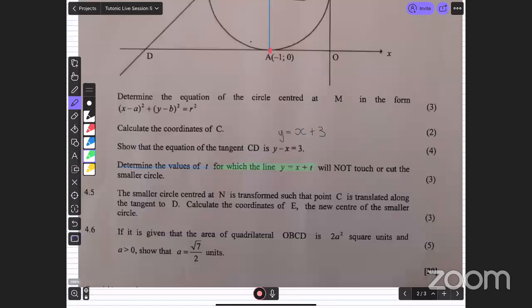What does it mean when they say y equals x plus t? It's a line which will not cut the circle. The gradient will be 1, is it not? The gradient is 1, right?